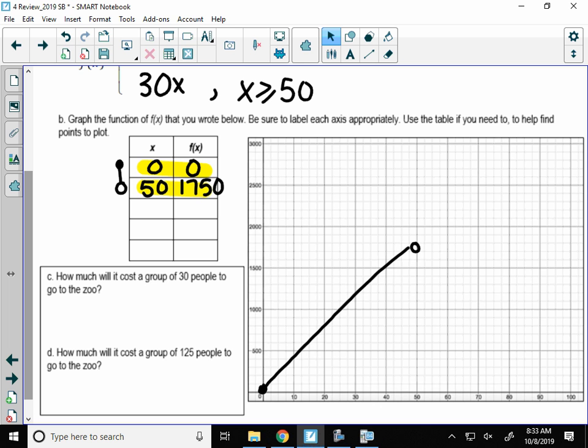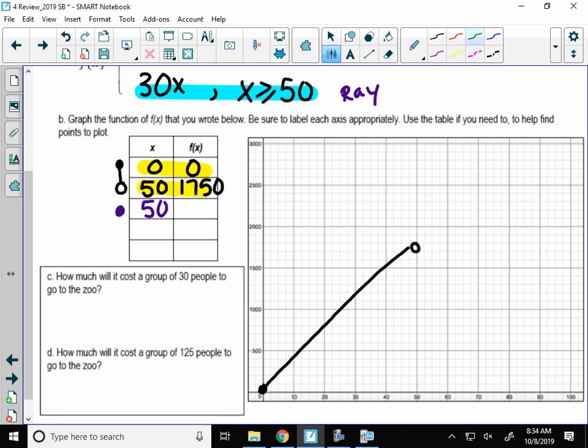All right, the next one is 30x. It's a ray, so when I graph this ray, I need to plot more than just the point at 50. I'm going to have a closed dot, and it's a ray. So I'm just going to do 50, 60, and 70. That should be good enough to make my ray. So 50 times 30 is 1,500. 30 times 60 is 1,800.